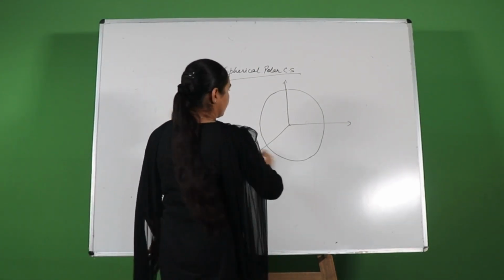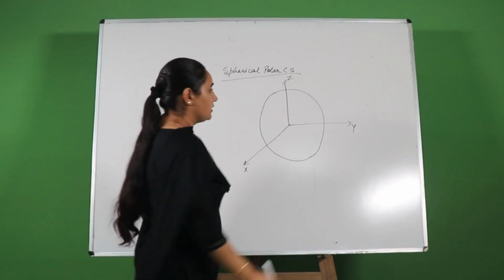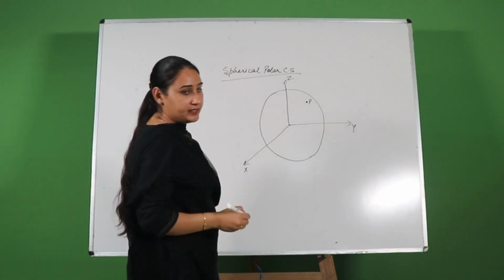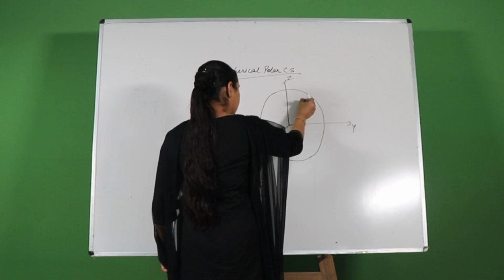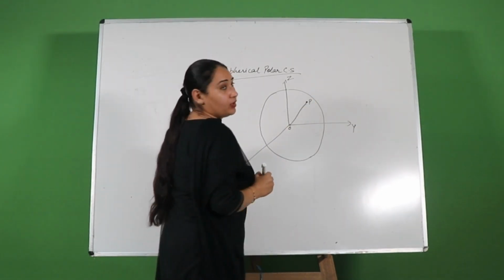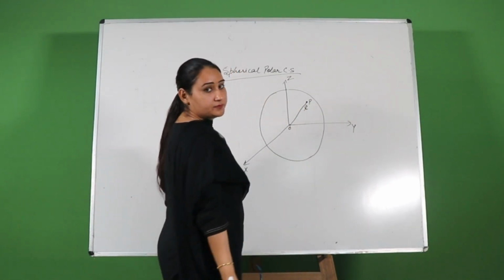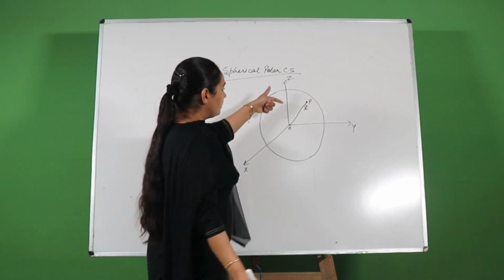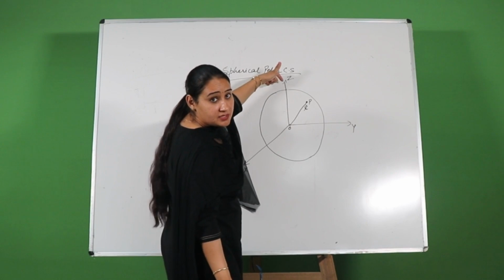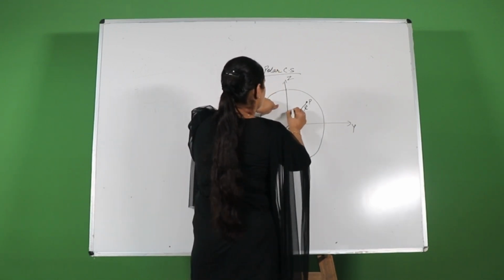Let us suppose this is my x, this is my y, this is my z, and here lies a point P having coordinates x, y, z such that the distance between the origin and the point is r, that is called the position vector. Now the angle which this position vector makes with the z-axis in the clockwise direction is theta.